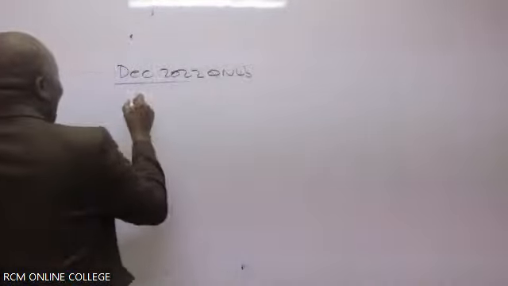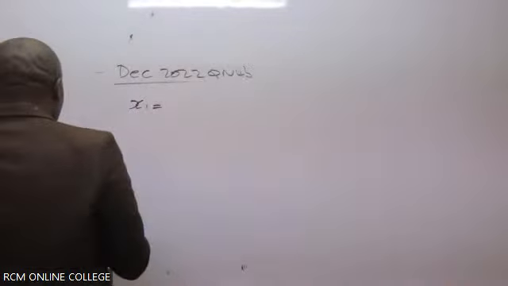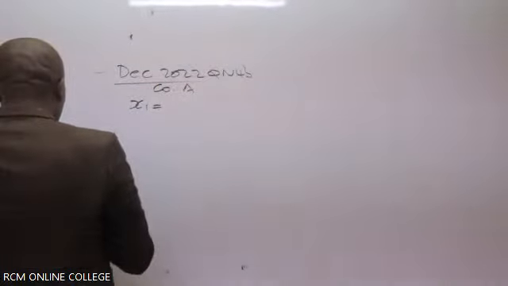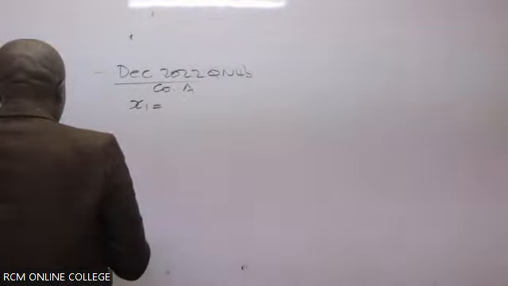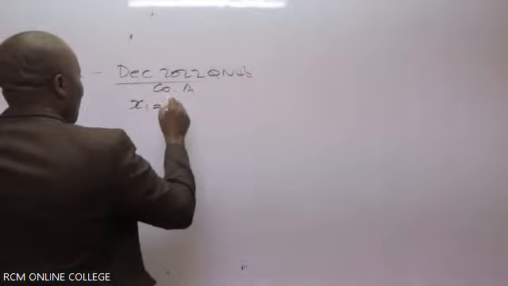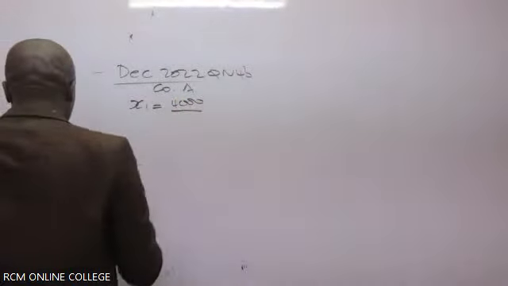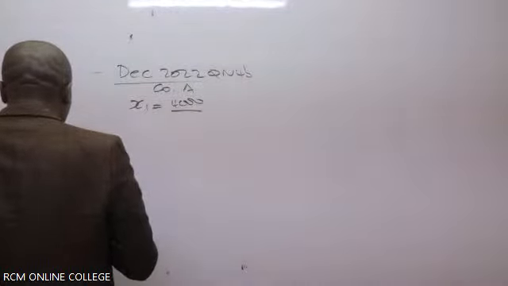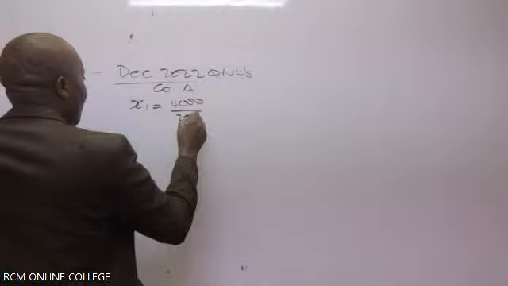So we have X1. X1 is net working capital for company A. Working capital is 40,000 divided by total assets of company A, which in this case is 200,000.